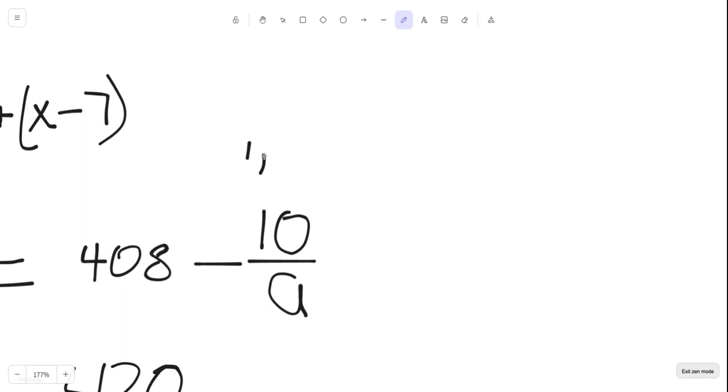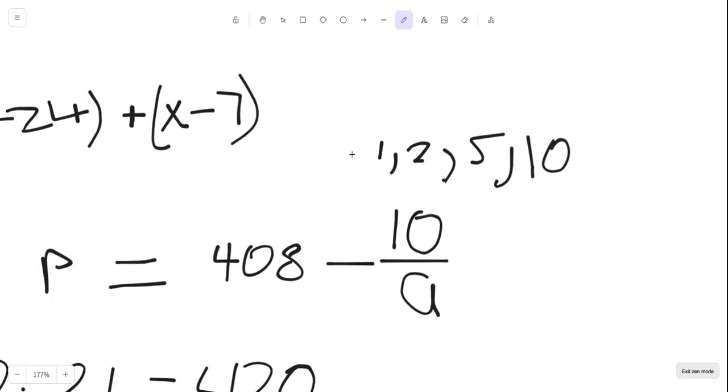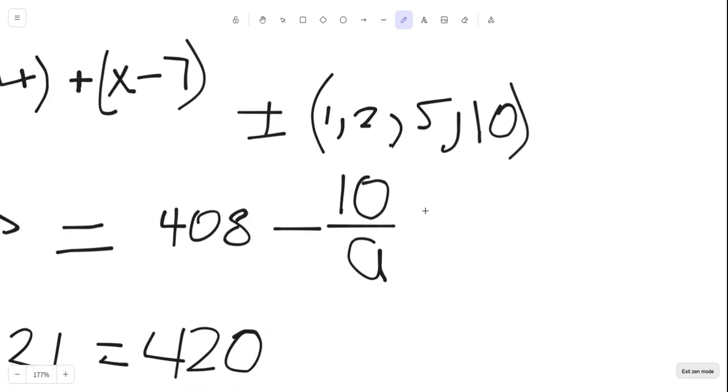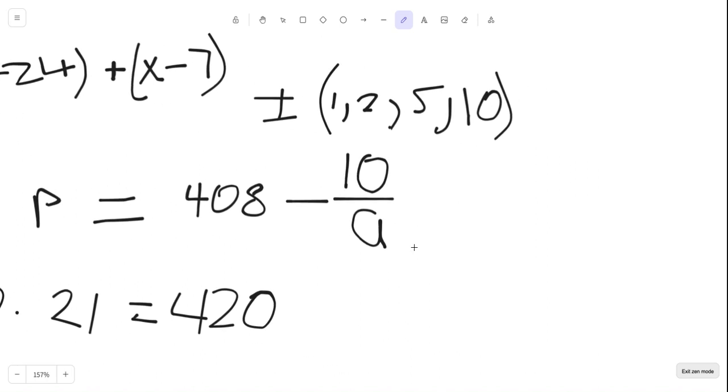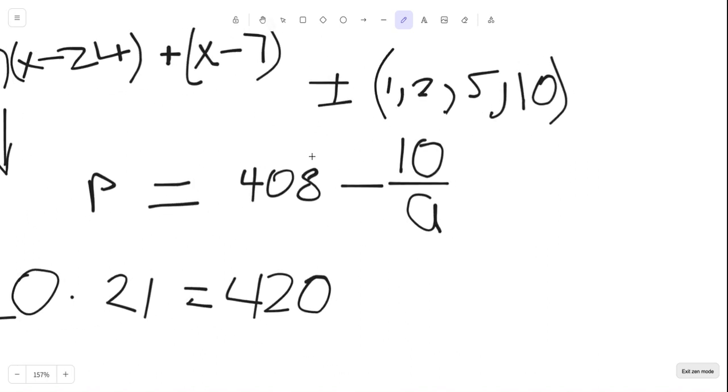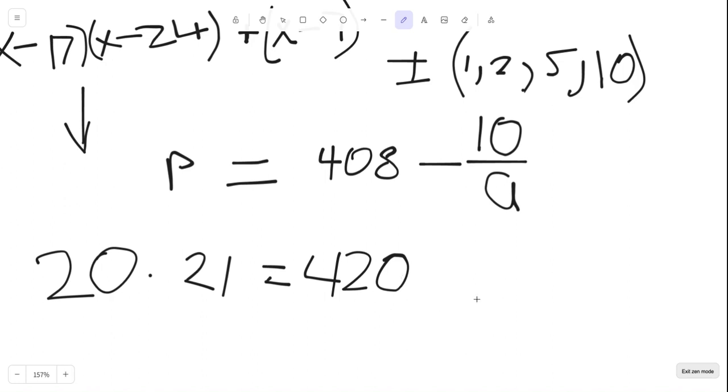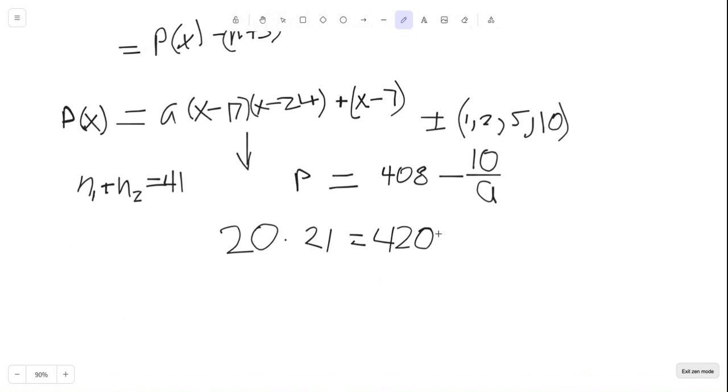This is equal to 1, 2, 5, or 10, depending on a, and it can be either the minus or the plus value. From this we can get 410, for example. We can get 418, but we can't get to 420, which means we can't use this.